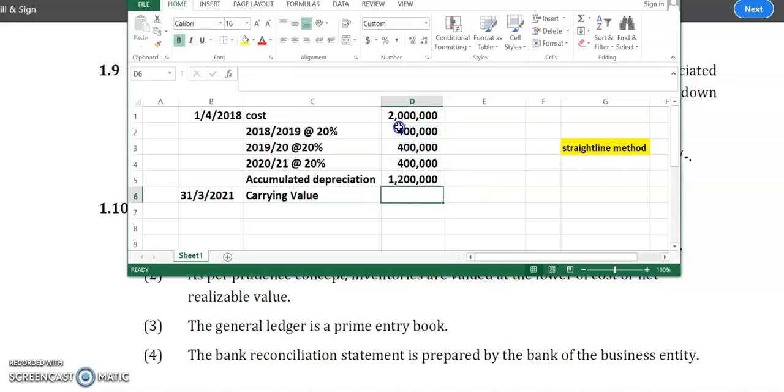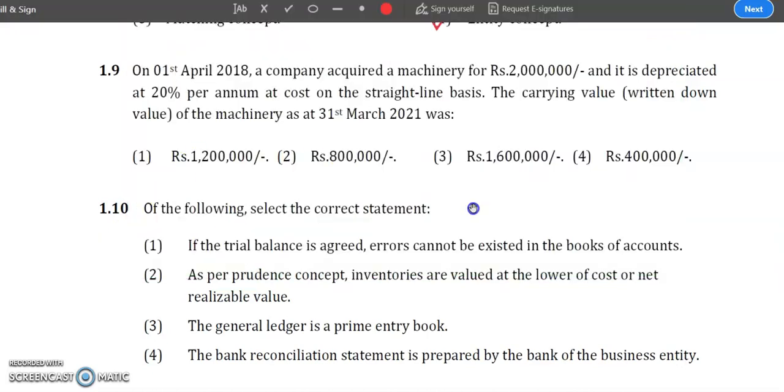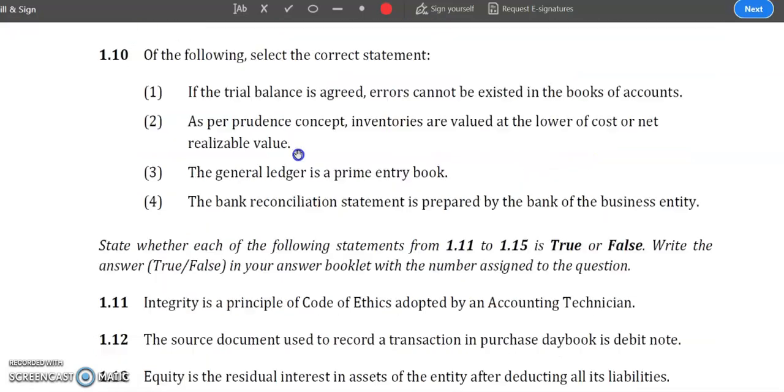So the carrying value is the cost minus accumulated depreciation, which is 800,000. 800,000 is the carrying value. So 800,000 is the second answer, answer number 2.